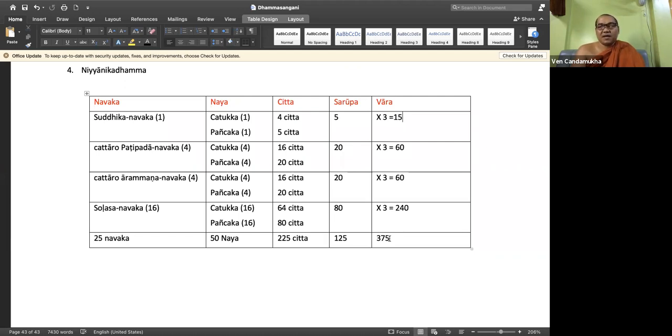But one thing we have to remember is that up to now we studied the explanation of the Buddha with one kasina, one object. That is the Patavi kasina object. The Buddha gave a very detailed explanation to the Devas in the Deva world.